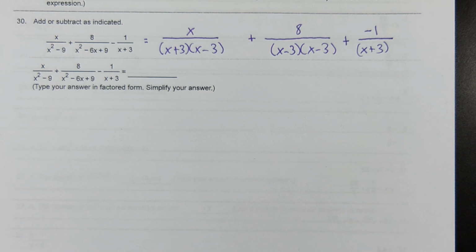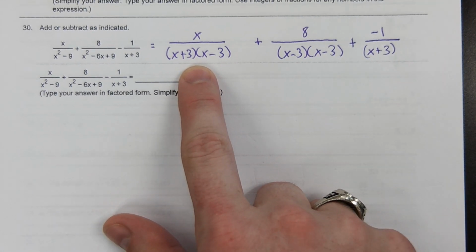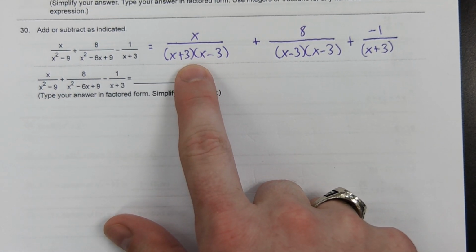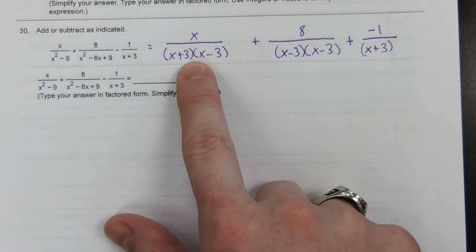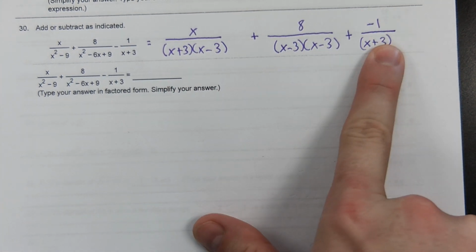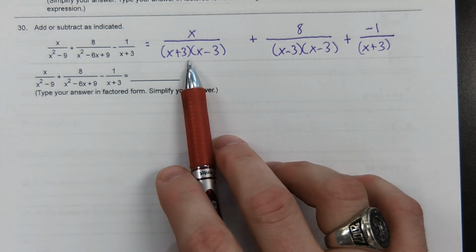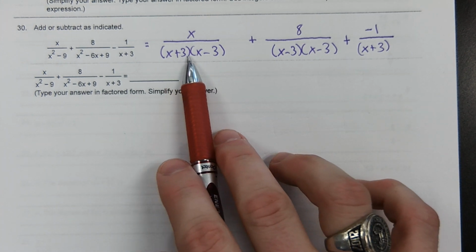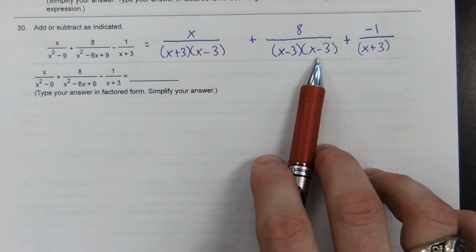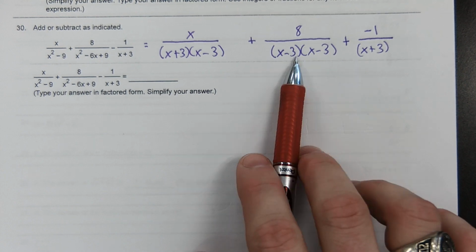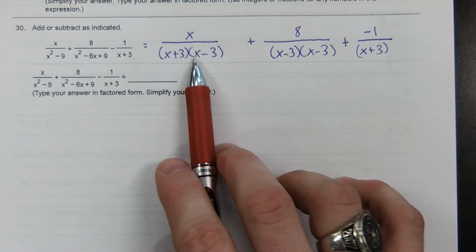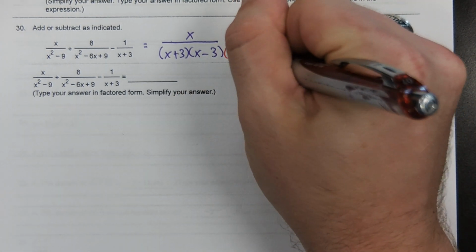So your job is to go to any of the denominators, it doesn't matter, and then just ask yourself, what is it missing that something else has? And then put it there. Well, it is missing a second x minus 3. This one has two x minus 3s, and this one doesn't. So this one needs a second x minus 3.